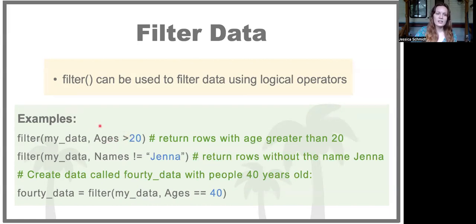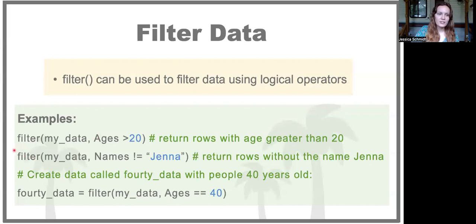Here we're saying anytime age greater than 20 is true, we want to return that row. So if you run this, and I would like you to please run this, you should see it only returns rows of data where the person is greater than 20 years old. So run that and see how it works for you.